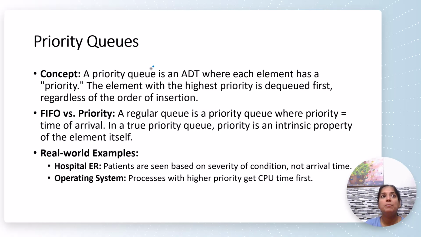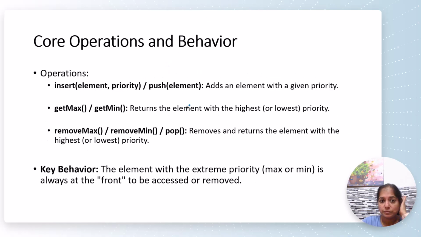For example, if you go to a hospital emergency, patients will be seen based on the severity of the condition, not by the arrival time. In an operating system, the processes with higher priority will get the CPU time first, and the processes with low priority will get the CPU later.